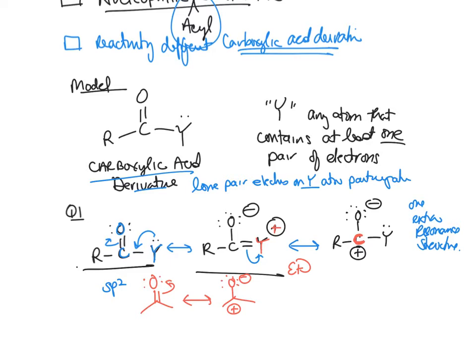A Y group that donates, so this is donating these electrons, donates electrons would make the acid derivative a more reactive electrophile. Because you would have, would it be more?